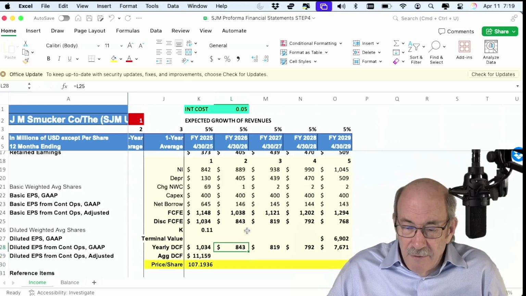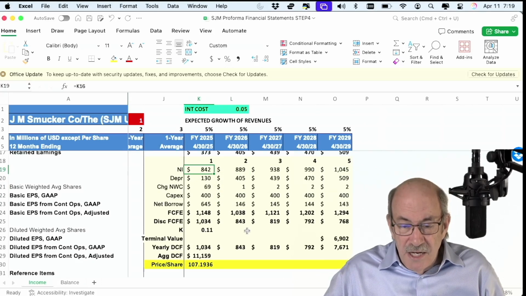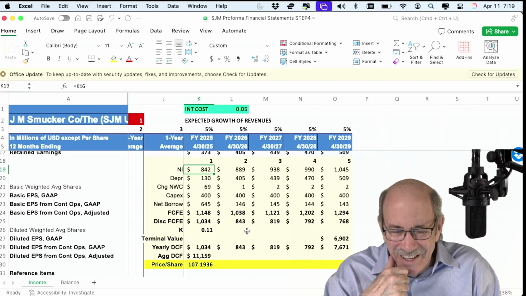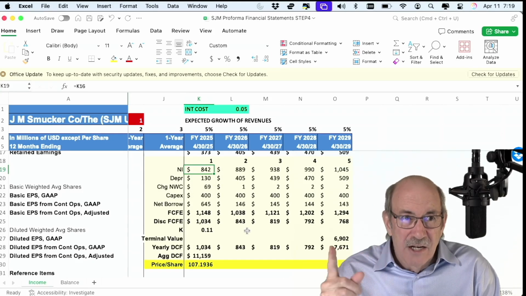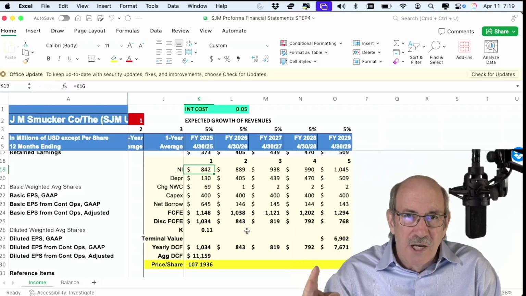But what I have here is my free cash flow to equity computation. I need five elements here to get to free cash flow to equity. I need net income, I need depreciation, I need changes in net working capital, changes in CapEx, and then I need net borrowings.